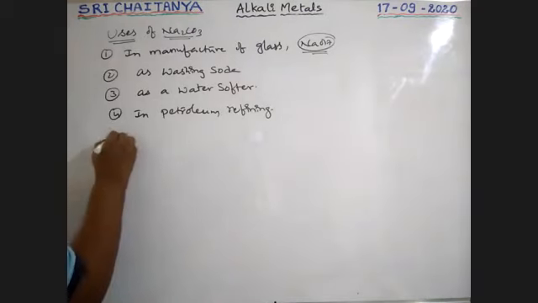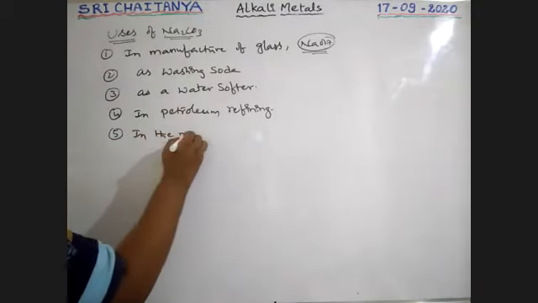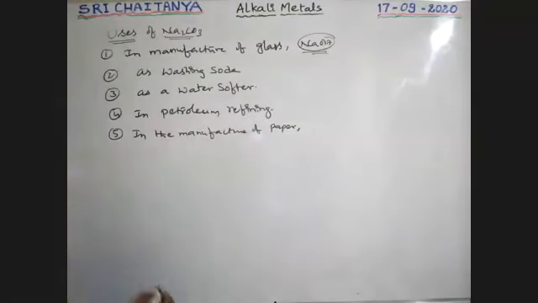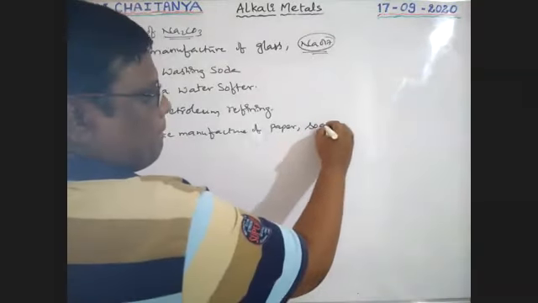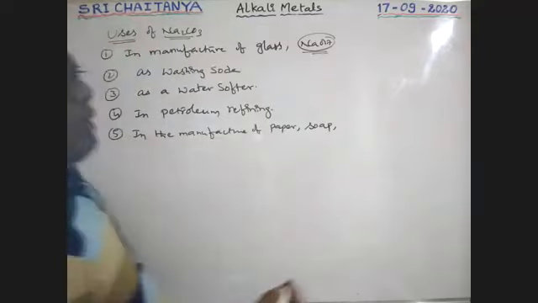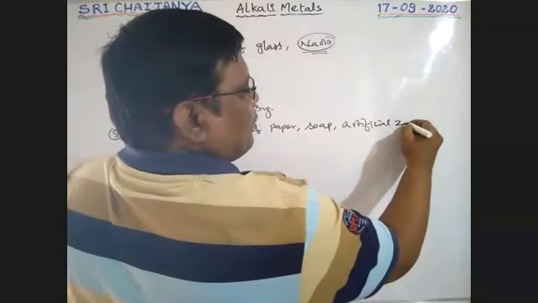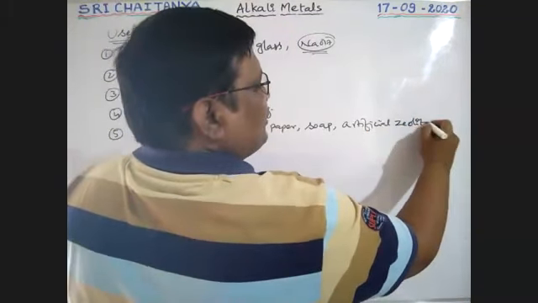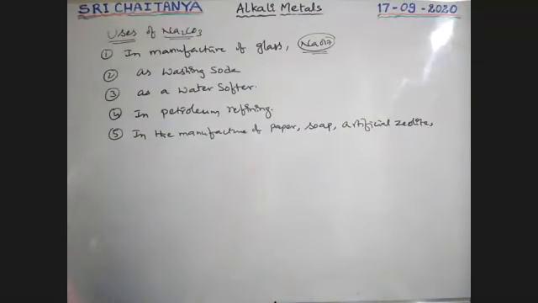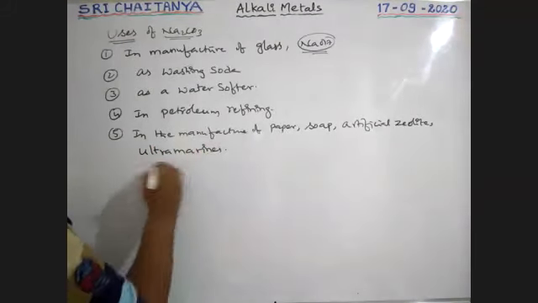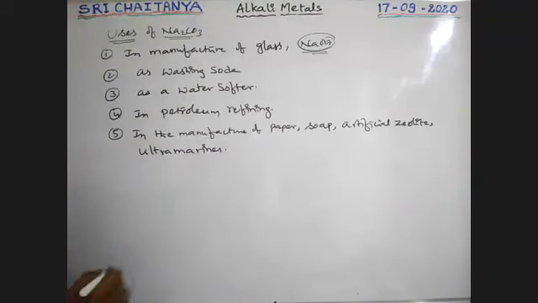Next, in the manufacture of paper, soap, artificial zeolites, pumice, colored stones, ultramarines. So these are all manufacturing uses.